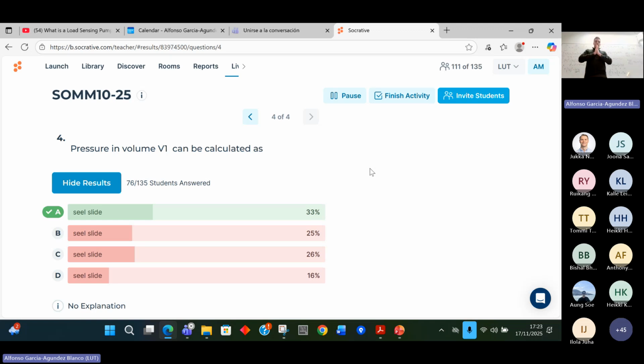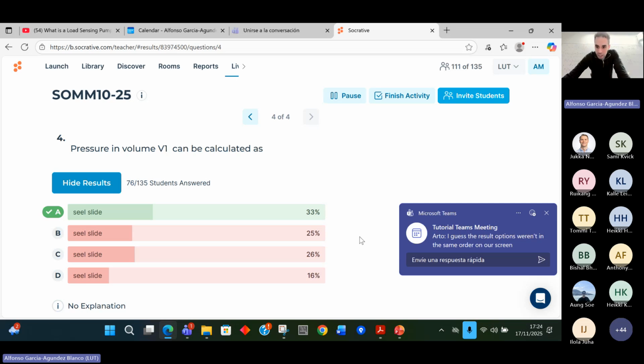Okay, I want to clarify this. Did you understand the previous computation of the differential equation? Yes, no? So I hope that, okay, so if students in class replied correctly, maybe the students online, I guess the result options weren't in the same order on our screen.